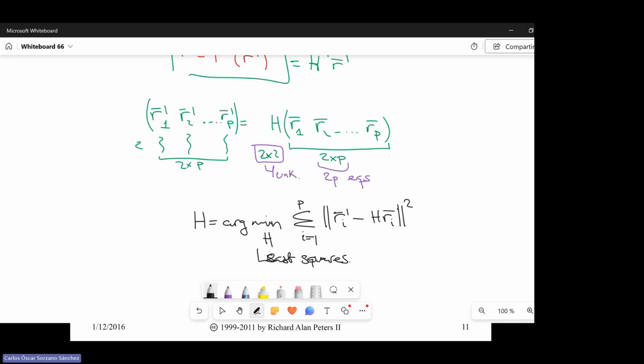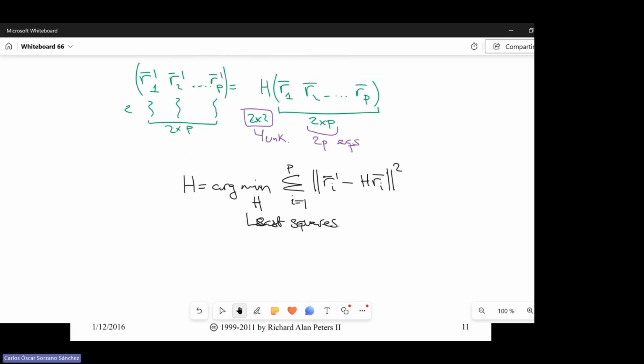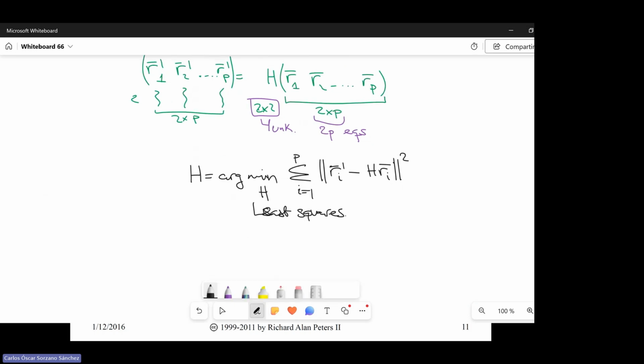We already reasoned how to compute that. So I will rewrite this in this way. This is an R prime matrix. This is H times R. So R points go through H and they are mapped to R prime.